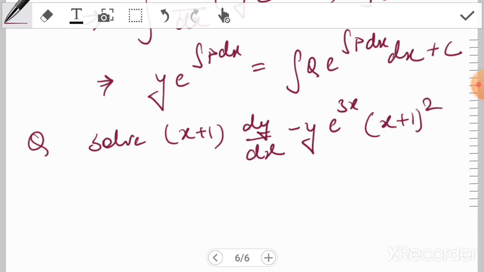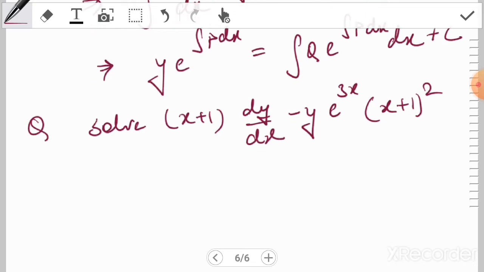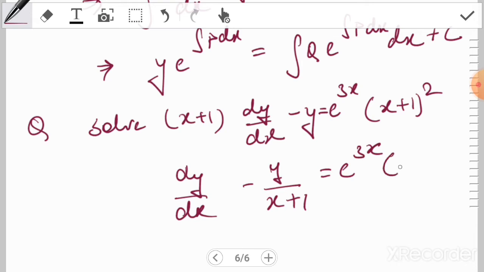Okay, dividing by x plus 1 throughout, the given equation becomes dy by dx minus y by x plus 1 is equal to e raised to the power 3x and x plus 1.